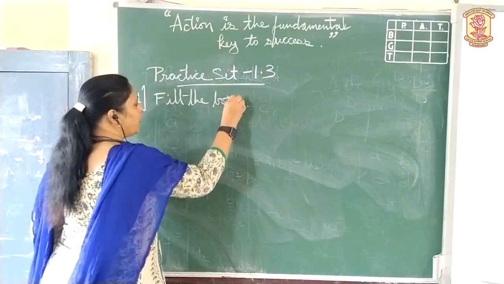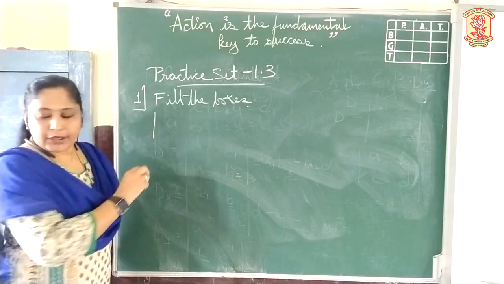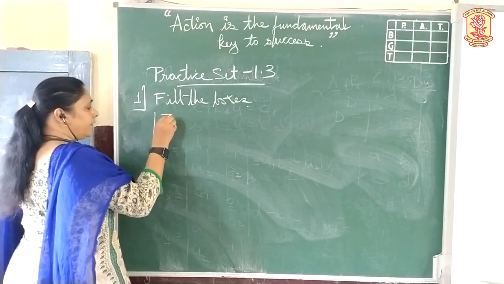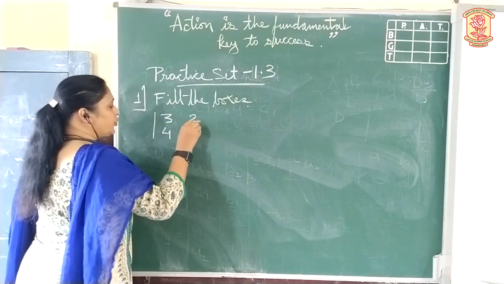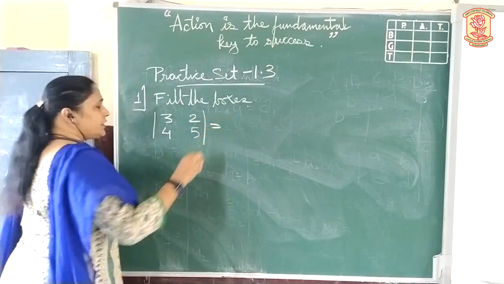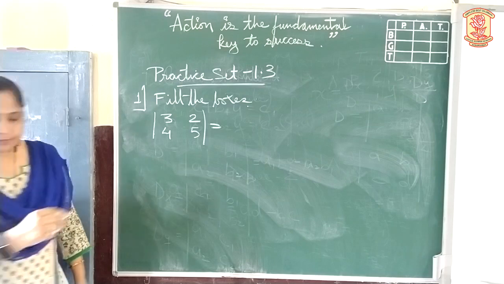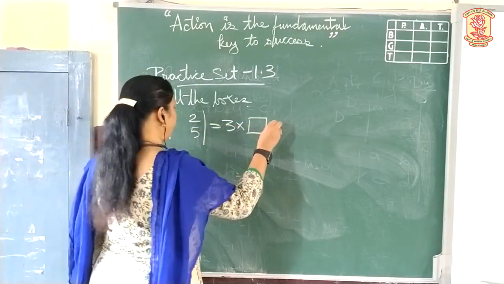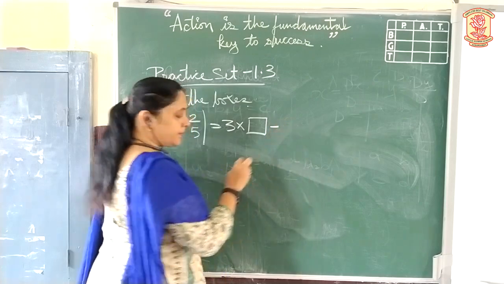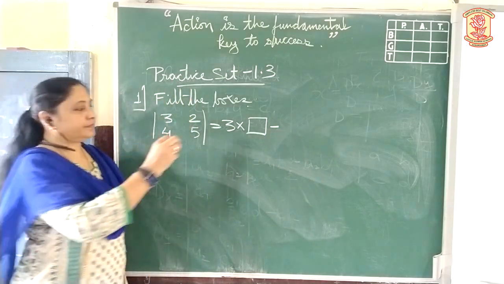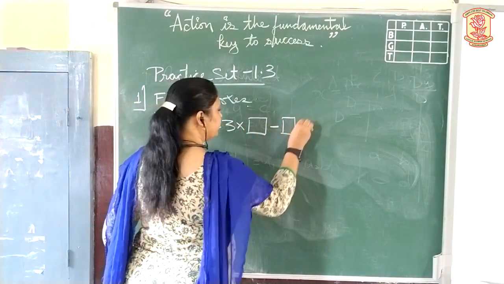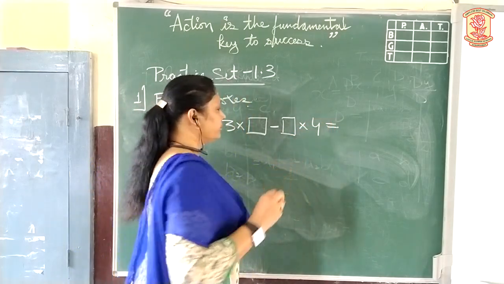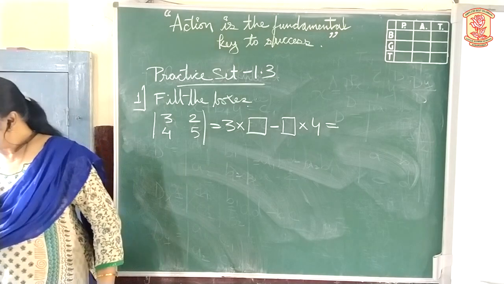We have the determinant of 3, 4, 2, 5. So here we get 3 into dash minus dash.